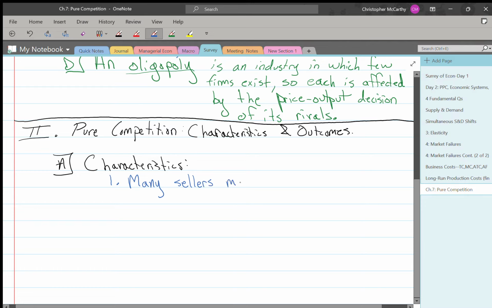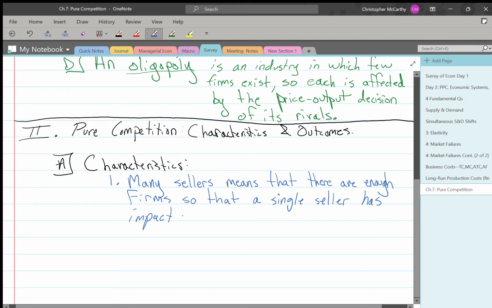Well, it means that there are enough firms so that a single seller has no impact on price by its decisions alone.